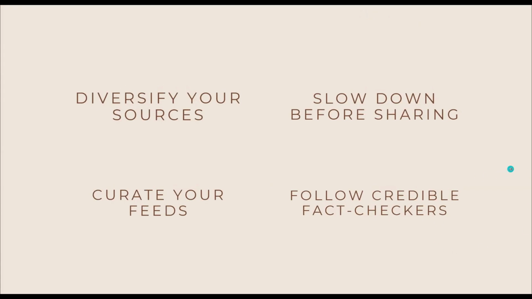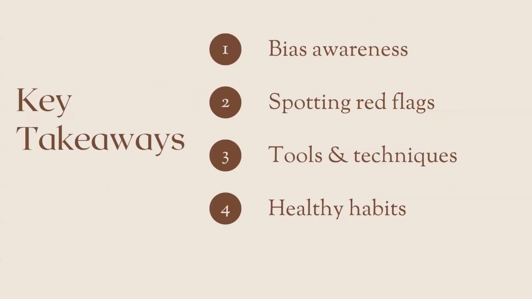All right, and then just some key takeaways here. Being aware of bias. So this is again looking at the resources. Everybody has a bias. Everyone has an opinion or a belief, and they're going to be sharing from that. A liberal news resource is going to share things that are more liberal, with liberal interpretations.